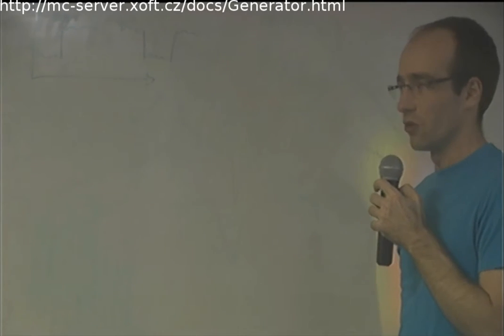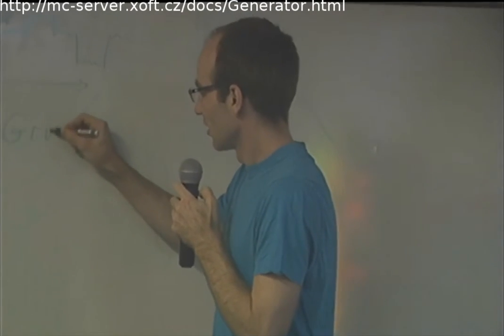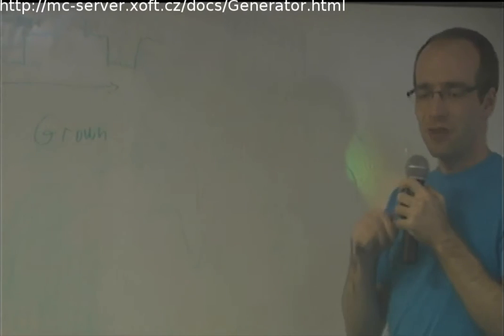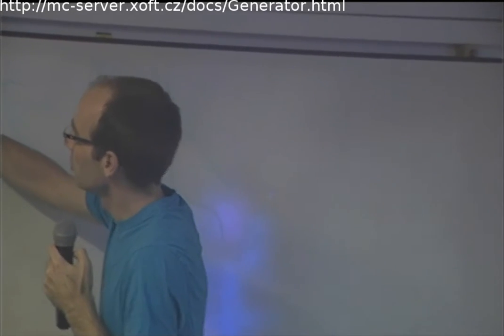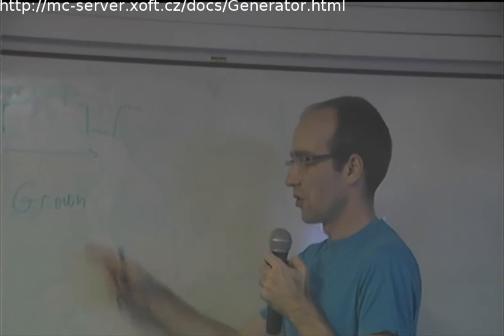And what this generator does, it actually uses the same technique as the grown biomes. It uses an array of integers, and instead of interpreting them as biomes, it interprets them as terrain heights. So it uses the zoom, the smooth, and everything we talked about last hour. And as the last step, it does a little bit of height averaging so that these are not too sharp. But generally, it's the same technique used for the grown biomes.